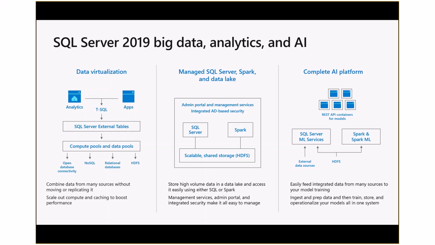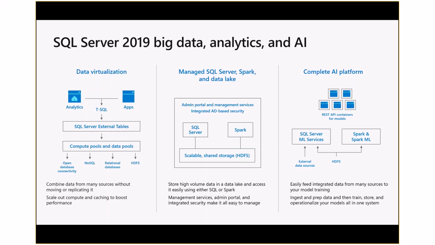And on the right side, you see this complete AI platform. So basically, we already had machine learning services in SQL 2016, where it was called R Services, but now we support R and Python. So we enhanced this machine learning services with additional languages. We enhanced it with Java, so we can run Java code within SQL Server.